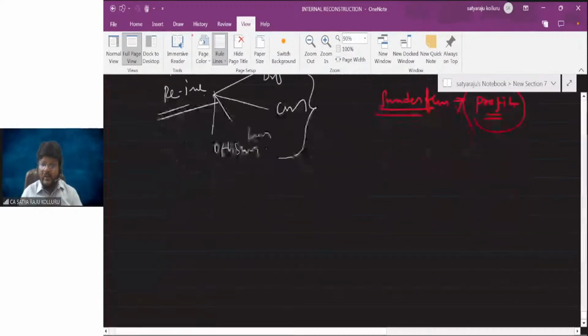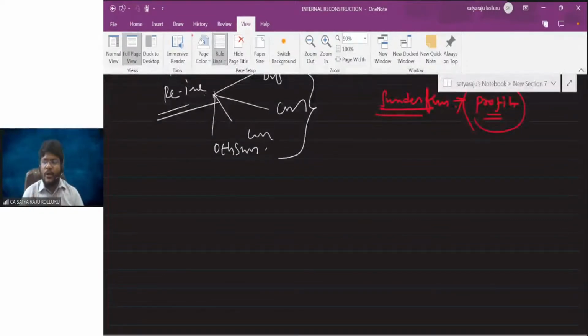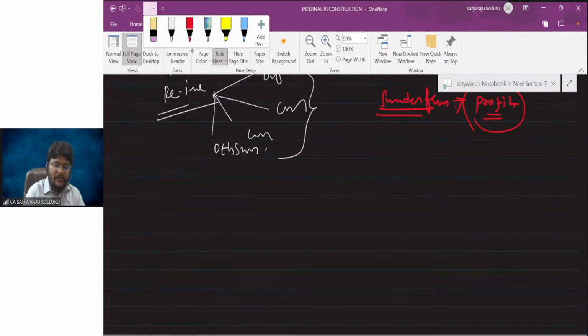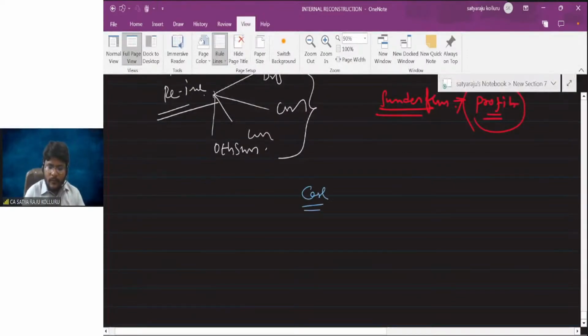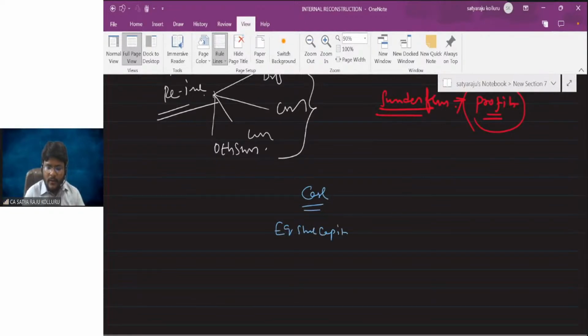Now, at the time of surrender of shares, how the accounting treatment will be, we are going to see through a small case. Let me develop a small case. The existing equity share capital: 1 lakh equity shares at the rate of 10 rupees each, that is 10 lakhs.